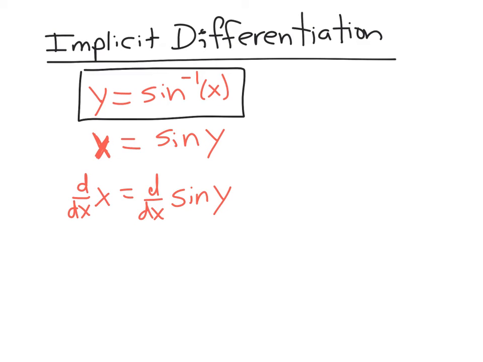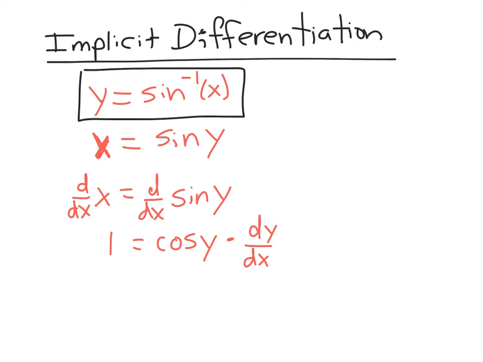You see, y is a function of x. And so when we take this derivative on the right side, we're going to use the chain rule, and we will get cosine of y times the derivative of y, which is dy over dx. And on the left side, the derivative of x with respect to x is just going to be 1.